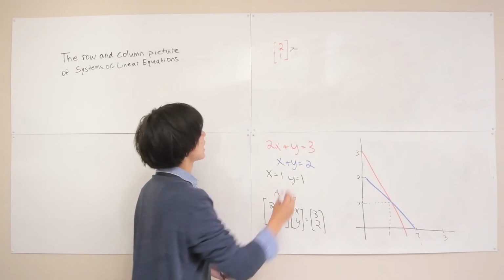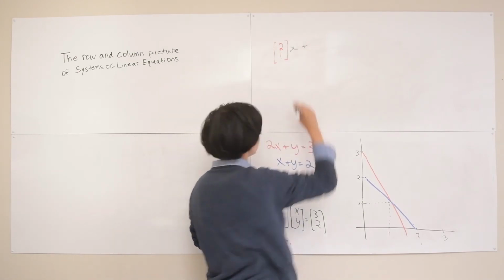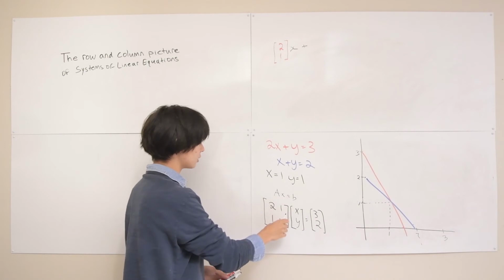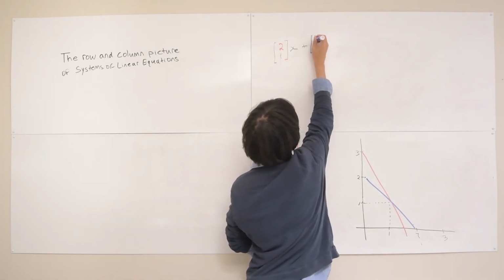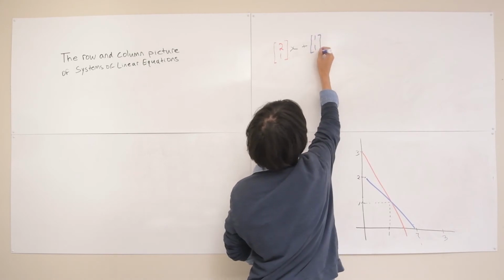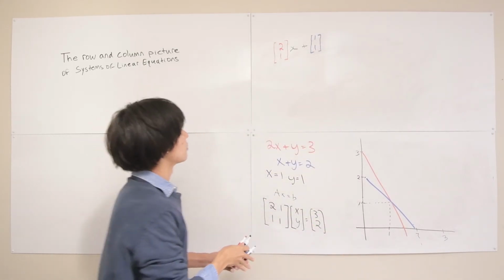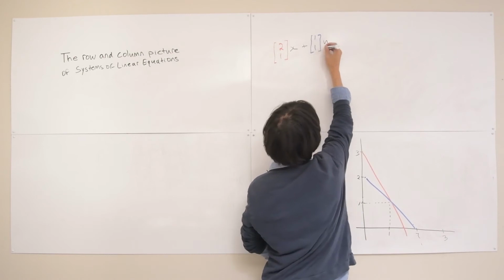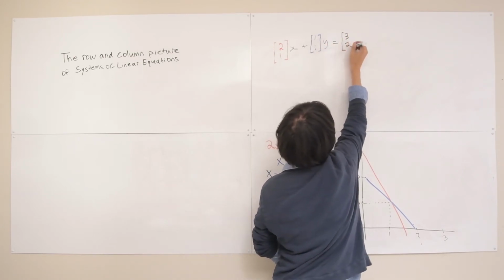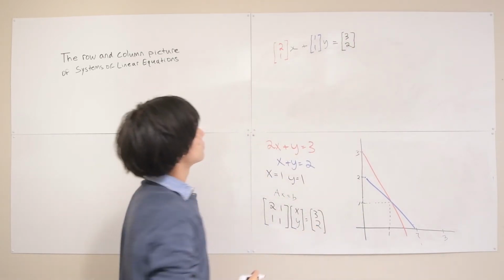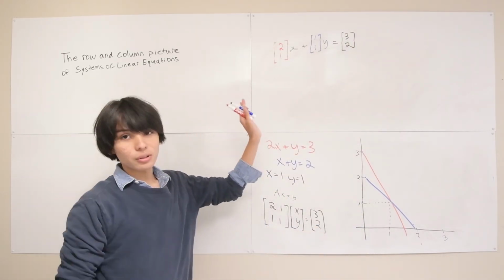Now let's add this to our second vector, which, you guessed it, is the second column of our matrix: 1 and 1. Then we multiply that by our second variable, y. And this is going to equal our right-hand side vector, 3, 2.